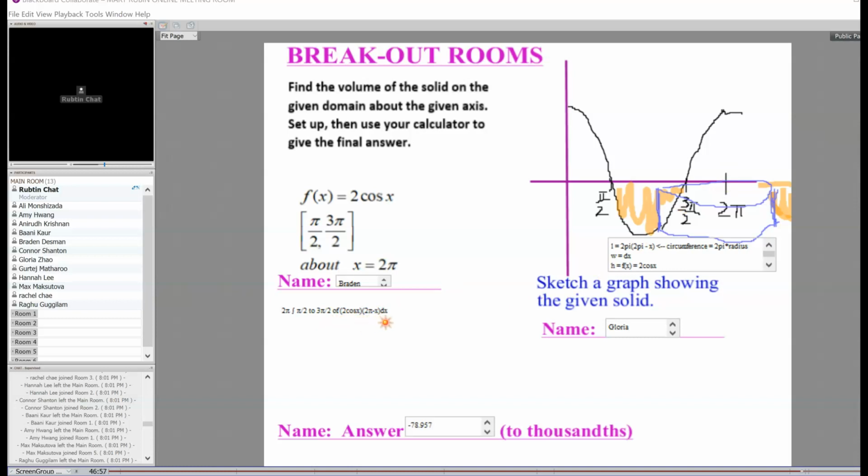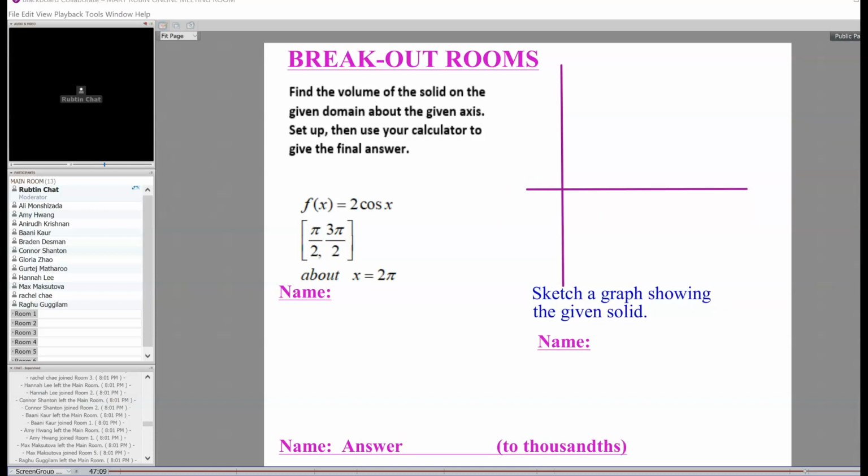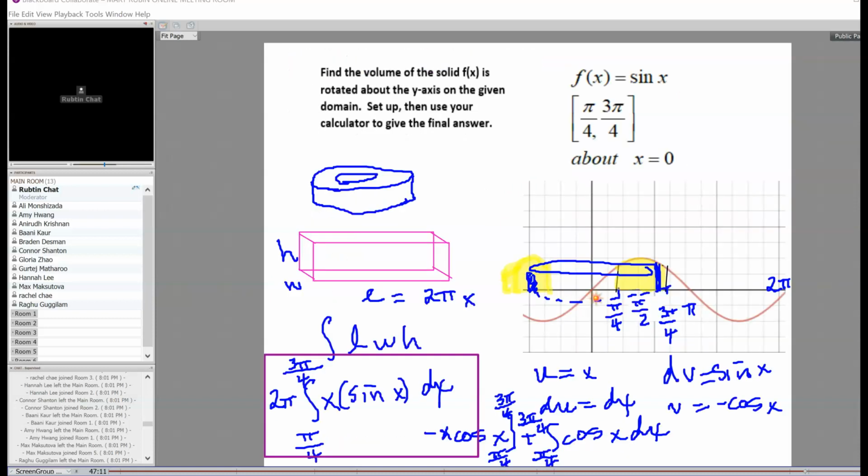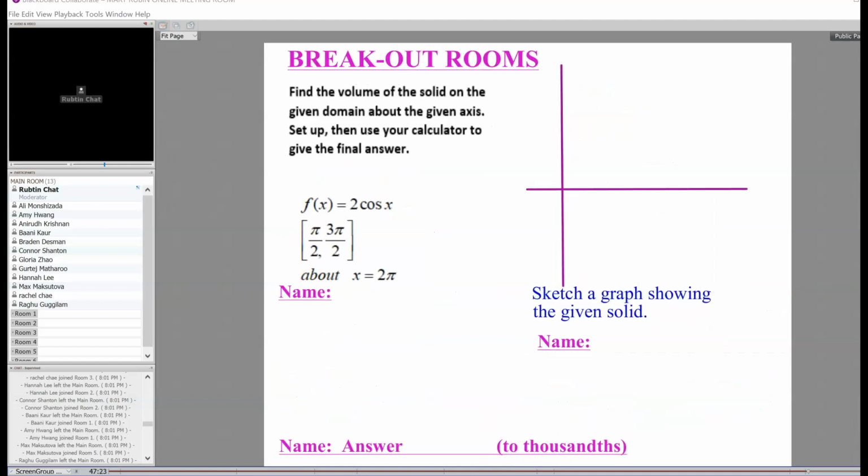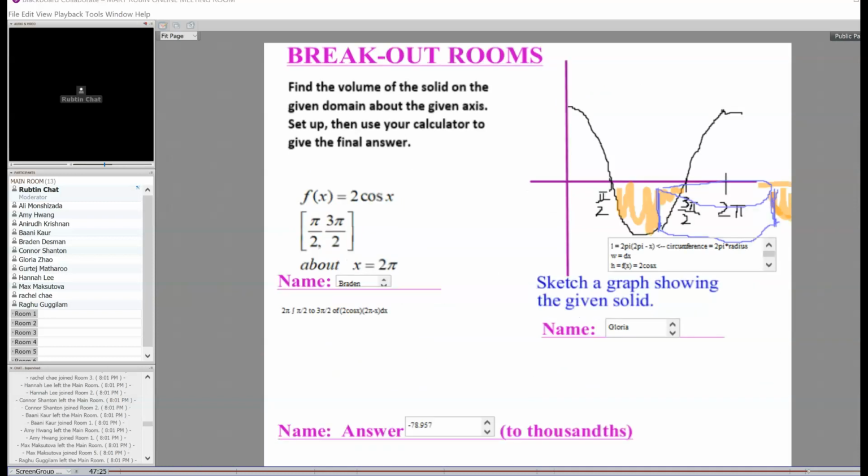It's not going to be just x this time, because you're looking at the distance from wherever x is to the center. The same way, if I were rotating it around this way, I would look at where x is from its center, which the previous one was. So x was measured from the y-axis out to here. But if you're rotating it here, that x is going to be in relation to the axis of rotation. So that was one thing.